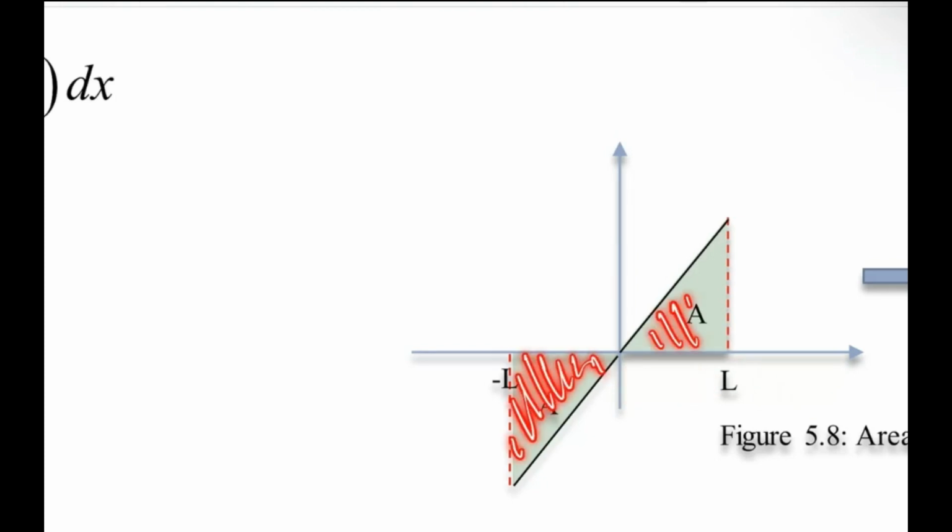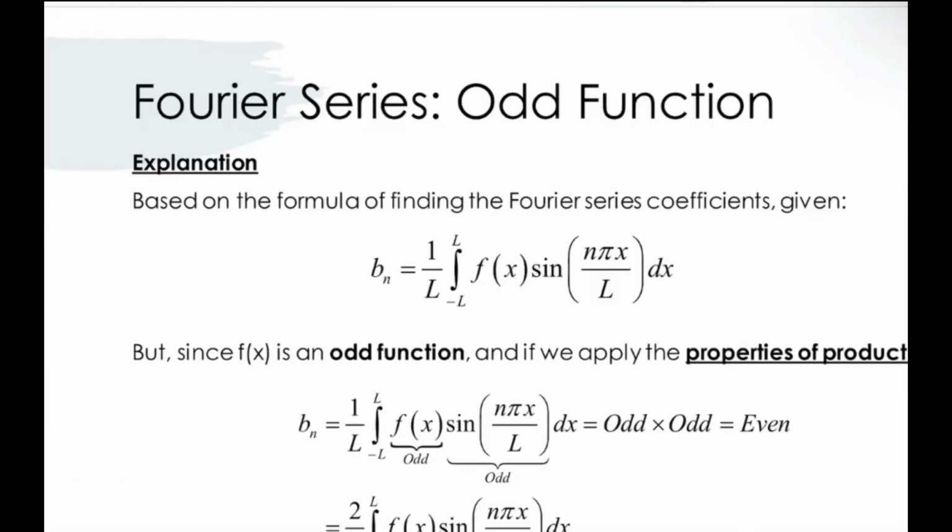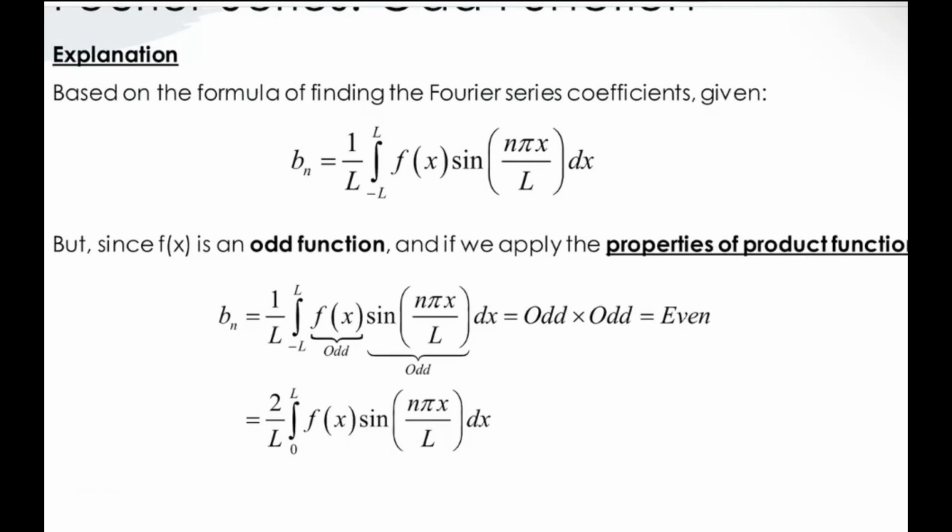So we need to modify our function b_n. So b_n is the integral from 0 to L of f(x) sine(n pi x over L), multiplied by 2.